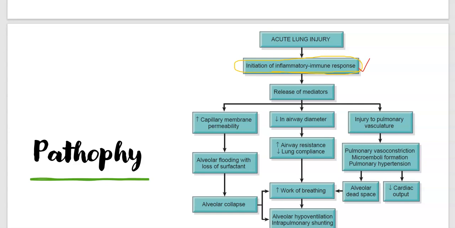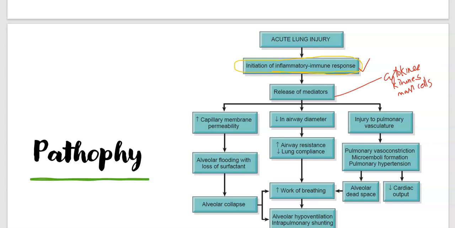I hope you can still remember your microbiology or maybe even your biochemistry, or even your anatomy and physiology, with your chemical mediator release, which includes your cytokines, yan, yung mga kinins natin, yung ating mga mast cells, yan. Lahat ng mga ito, they are released into the system as a result of that inflammatory immune response.